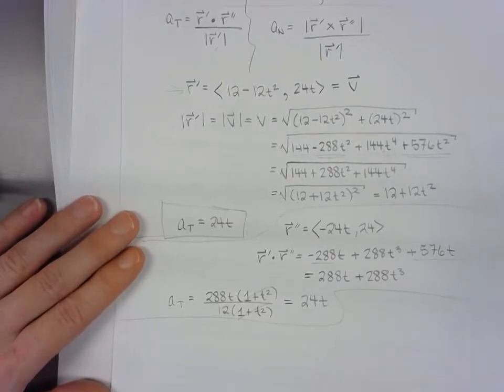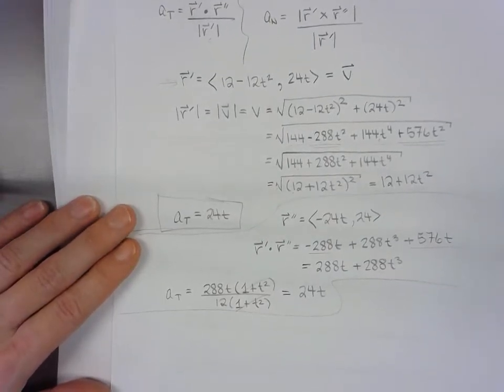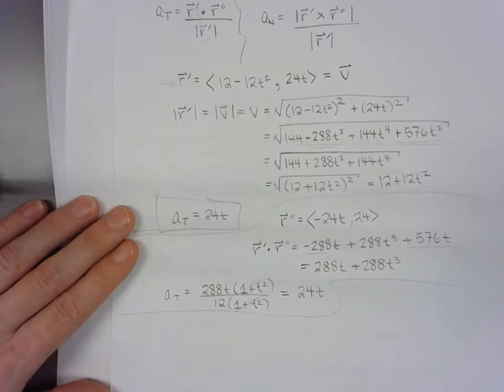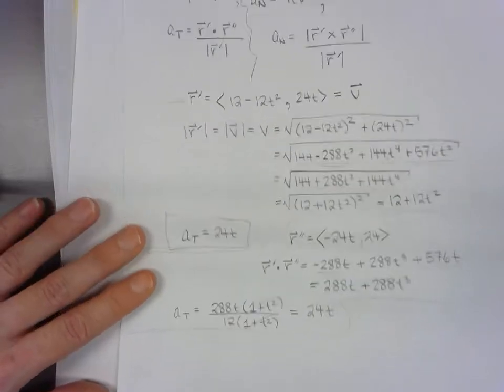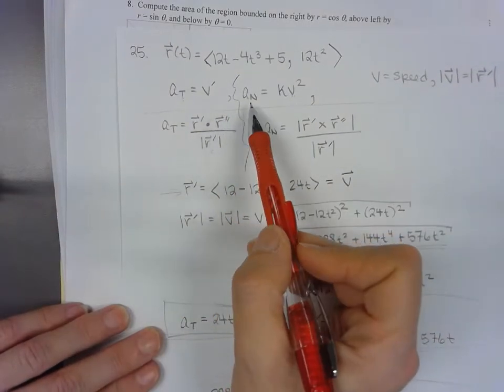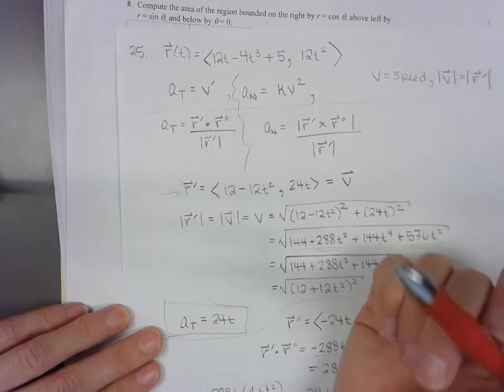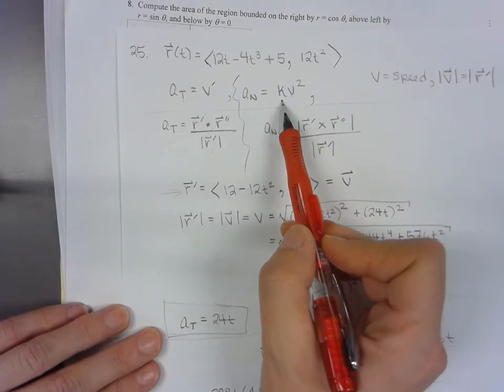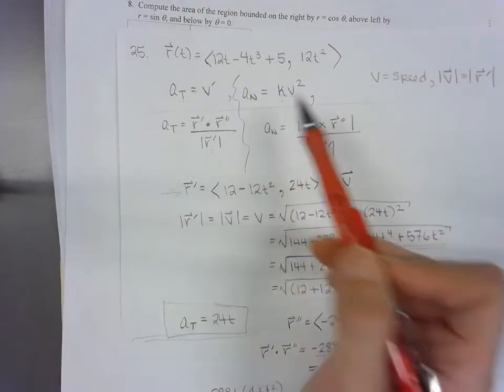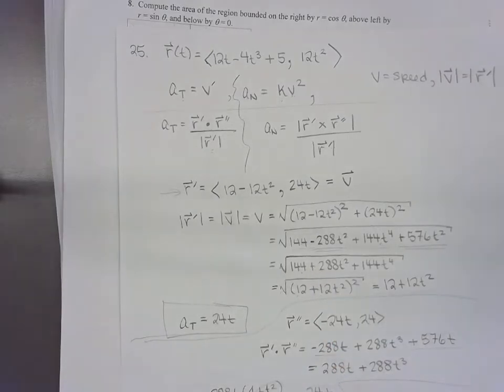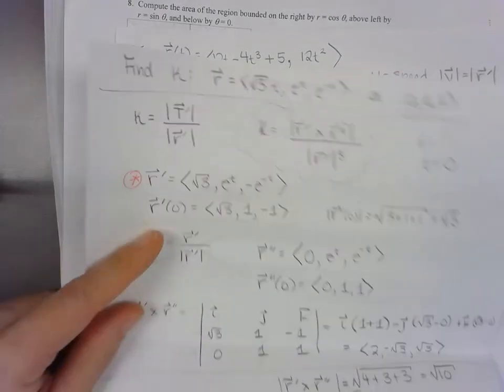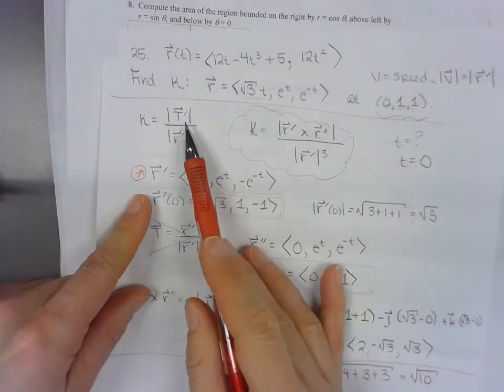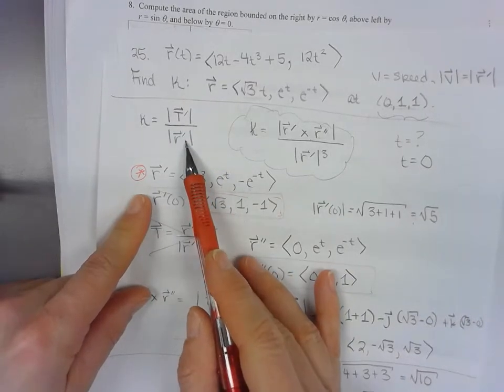Okay, now suppose I had asked us to find also, in this problem I only asked you to find the tangential component of acceleration, but suppose I asked you to find both. For the normal component of acceleration, well, then I have to find curvature, which we saw earlier. We had those two formulas for curvature. We've already found the magnitude of r prime.